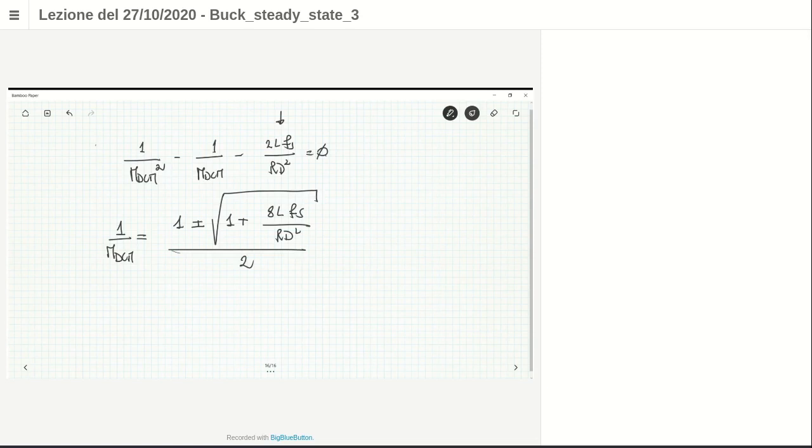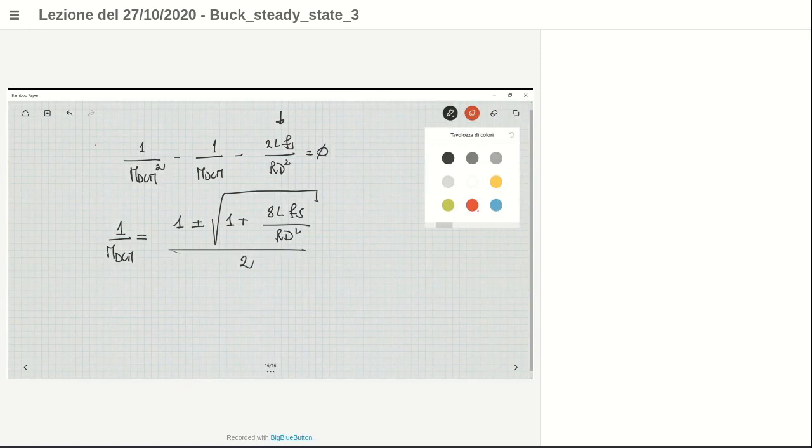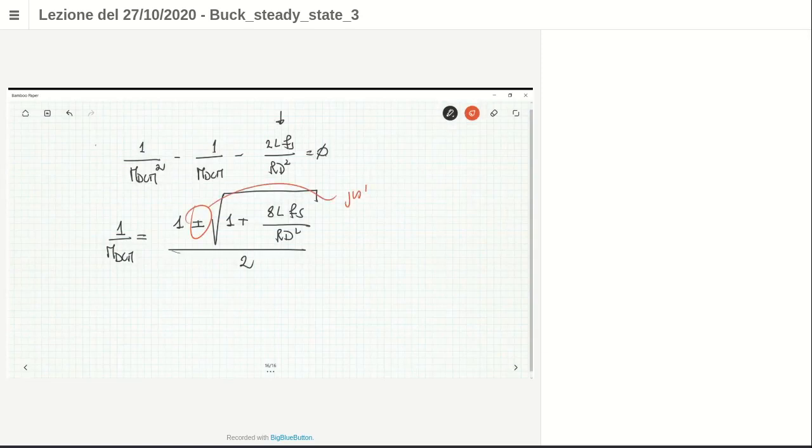A classical solution of this second order equation. The solution which is good for this kind of observation is the plus solution. The minus solution leads to something which is not correct.